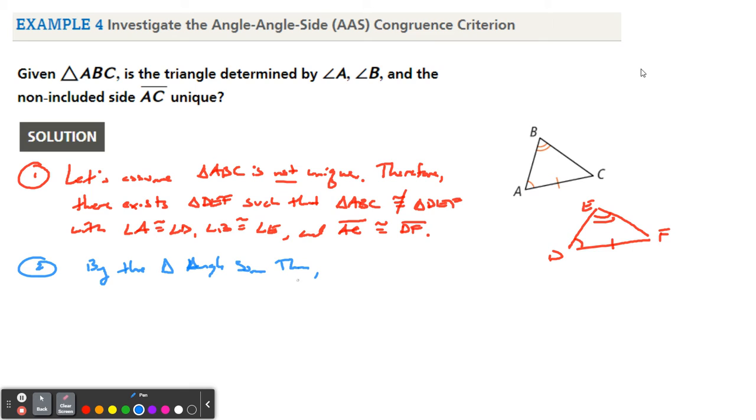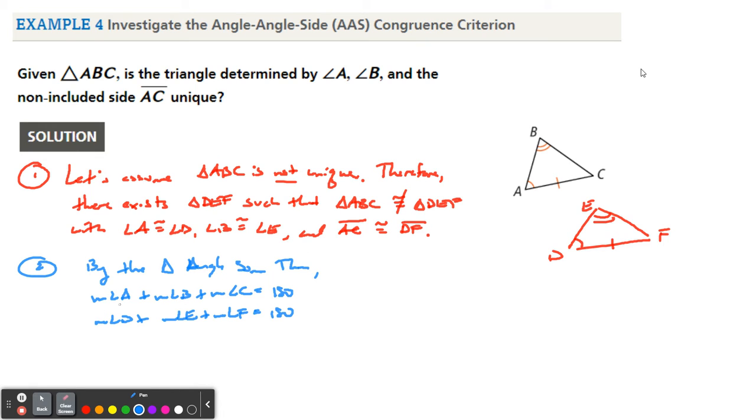So we're going to set up an equation for each of the three angles of each of these triangles. So we would have the measure of angle A, so this is triangle ABC, plus the measure of angle B, plus the measure of angle C would equal 180. And we'd have the measure of angle D, plus the measure of angle E, plus the measure of angle F would be 180. Well, think about this, right?